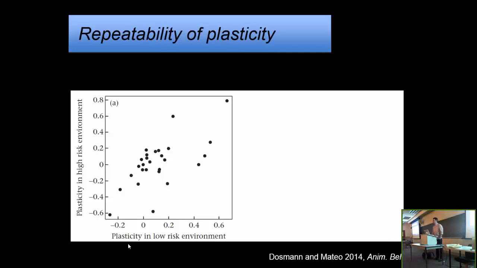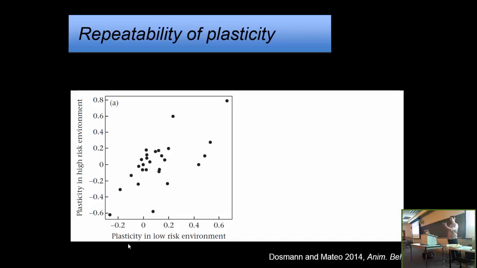Another thing we were able to assess is whether individuals' responses to a given environmental variable were consistent not just over time, but were they consistent when measured at different levels of another environmental variable. So on this graph here, we have this labeled as plasticity in the low-risk environment. What that actually is, is the difference between an individual's anti-predator behavior in the low-risk foraging situation and the low-risk mating situation.